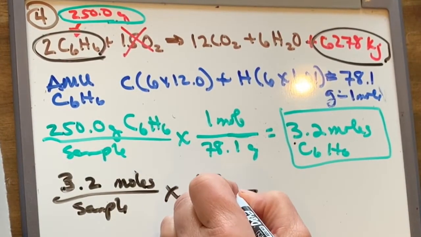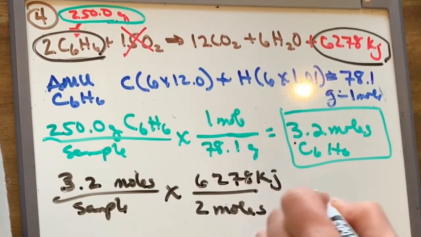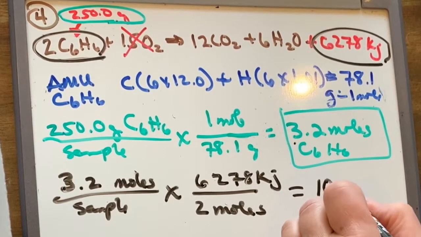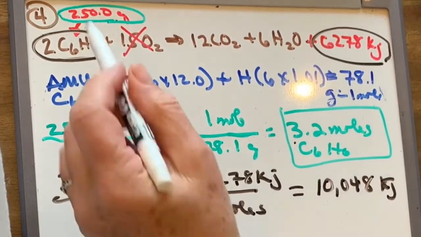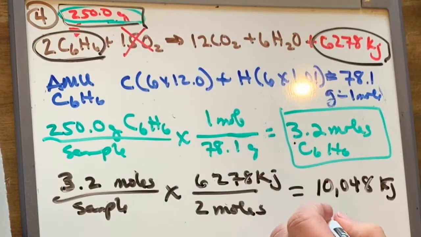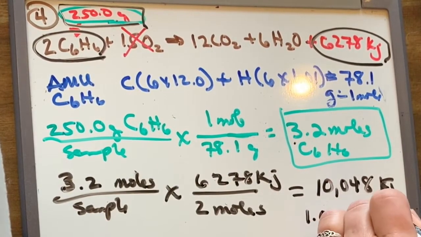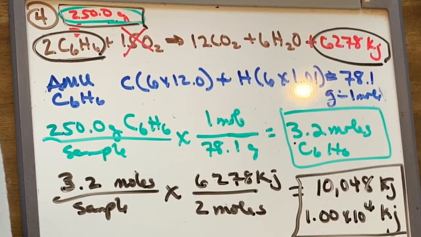For every 2 moles, we get 6278 kilojoules. And we multiply that out, we get 10048 kilojoules. But because of this number here, we have to put it in sig figs. And that's your answer.